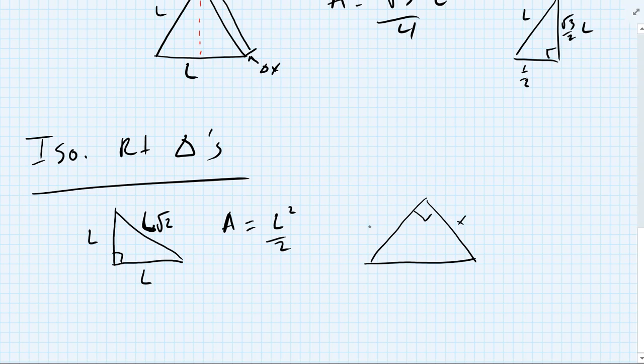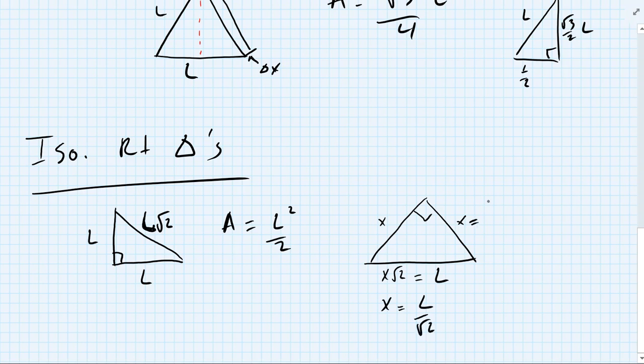Because this is x, and this is x, and this is x square root of 2, which equals L. So we have to solve for x, because to put it in the formula I need these two legs. So x is equal to L over square root of 2.